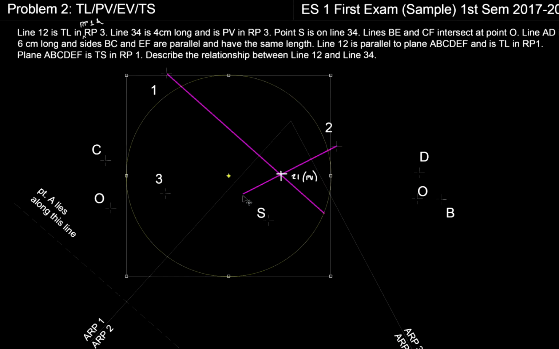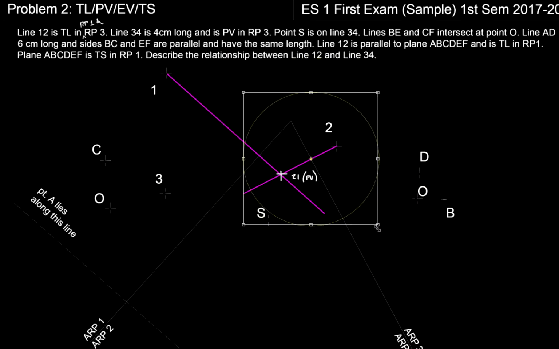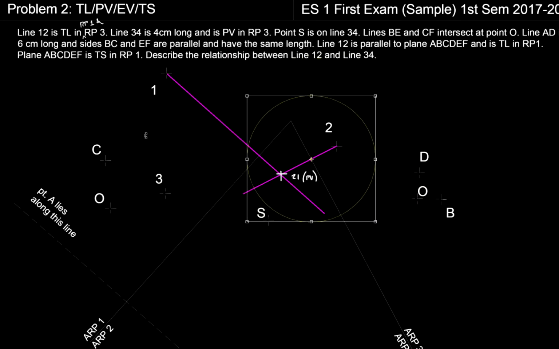When we project points, we take measurements from 2 views away. For example, if I'm trying to measure in ARP1, then my reference for the distances will be 2 views away from ARP1. This is the 0 view, so 1 view away, 2 views away.